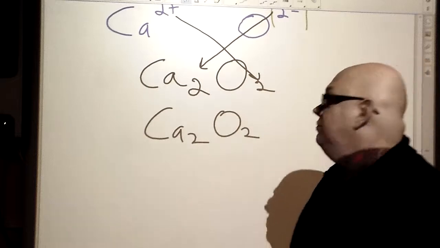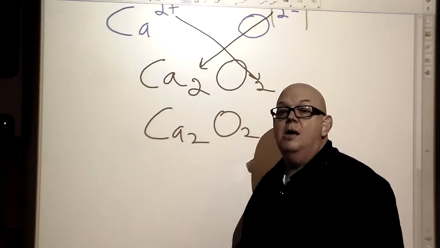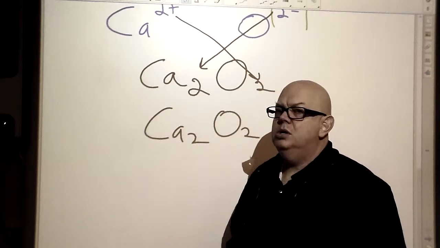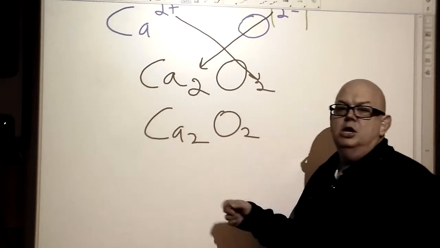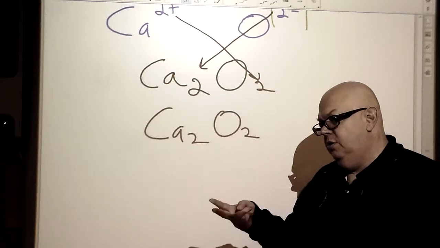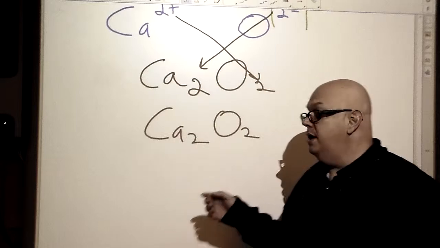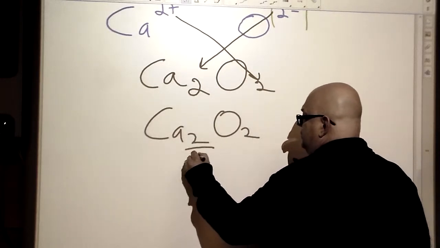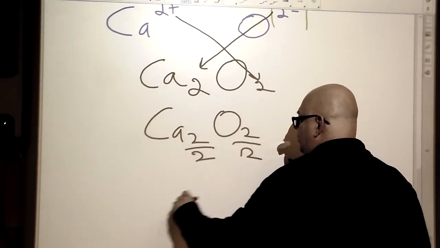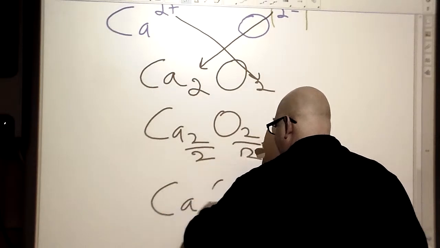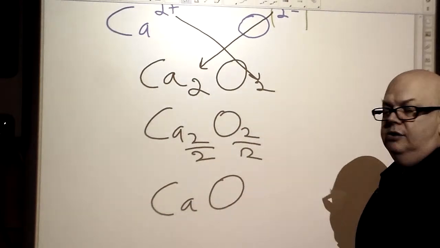And we can reduce it down by dividing by a number that they both have in common. Well, what numbers do they have in common? 1 and 2. Kind of pointless to divide by 1, but we can divide by 2. So if we divide both sides by 2, we go with CaO, calcium oxide.